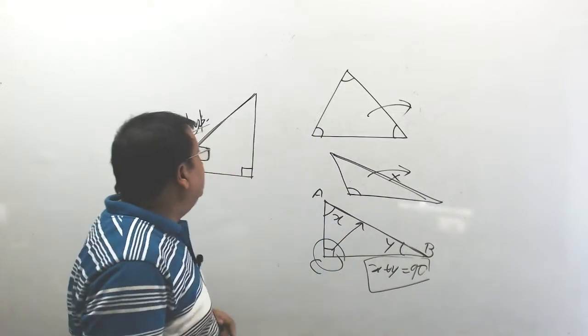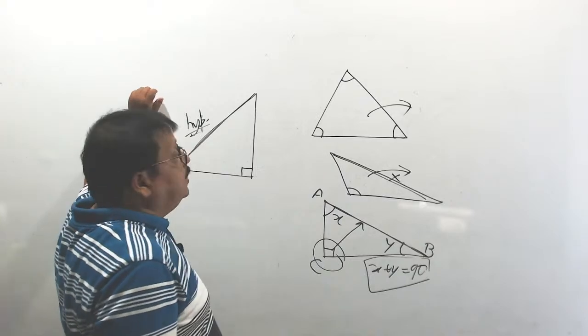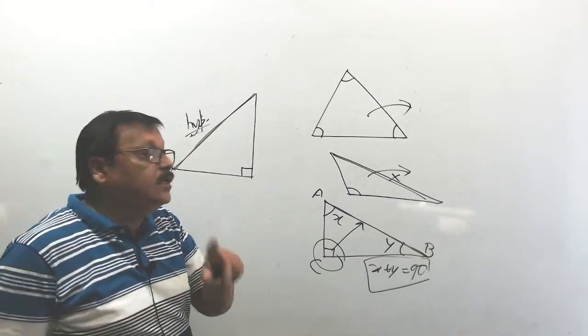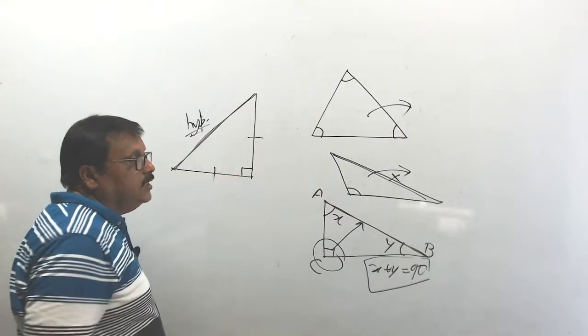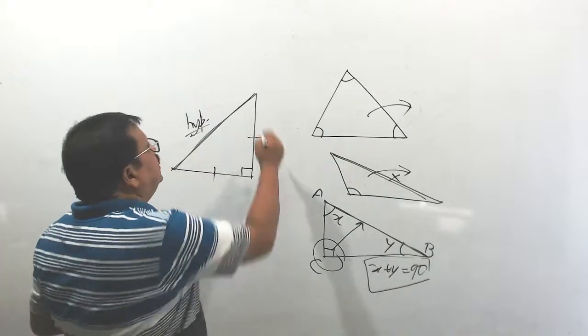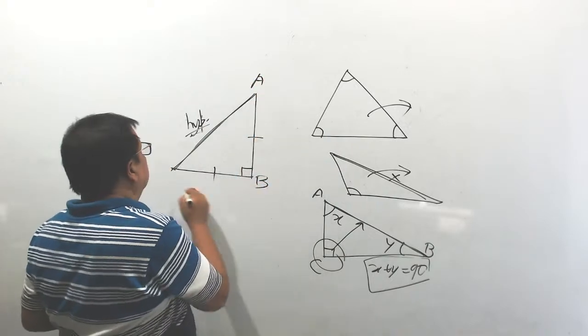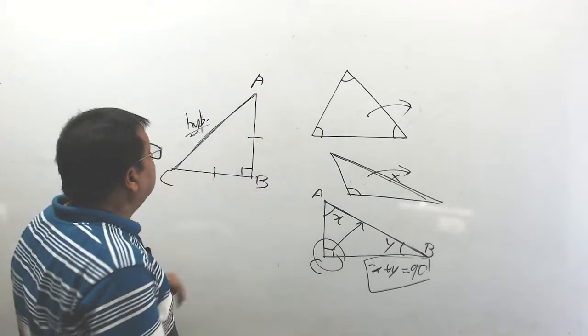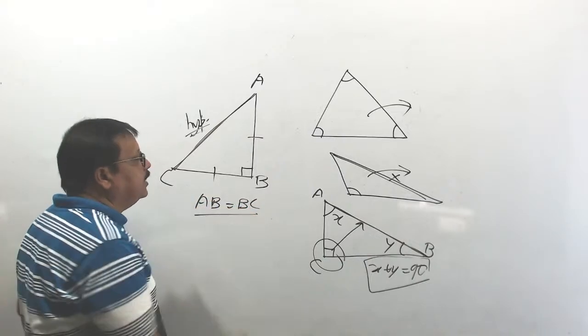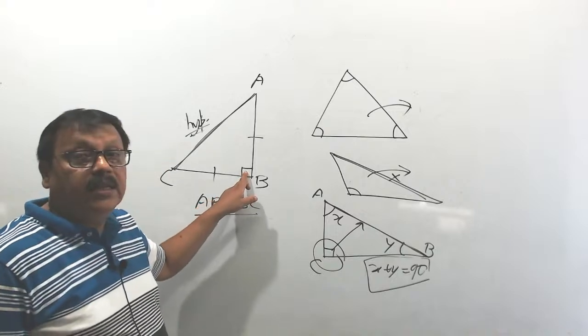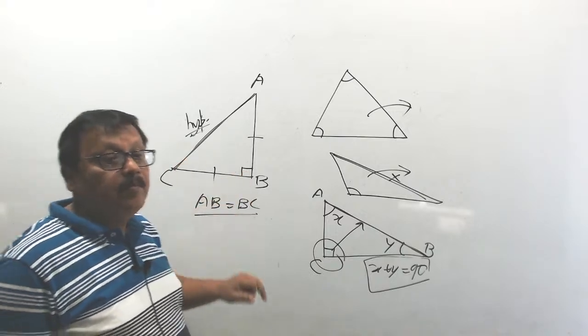Right? Now, in a right angle triangle, there is one more criterion of a triangle. If two sides are equal, of course it may be. In a right angle triangle, say this triangle ABC, two sides are equal. Here AB is equal to BC. If two sides are equal and one angle is a right angle, then what will be the name?